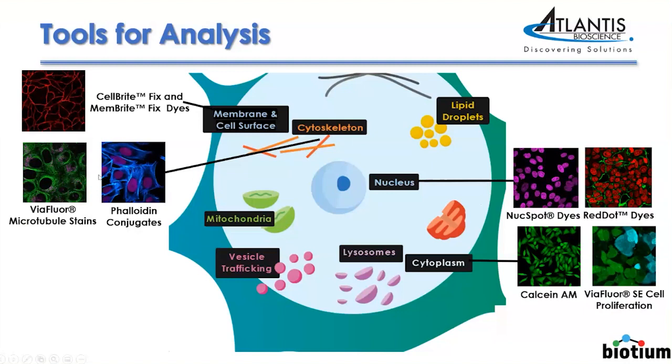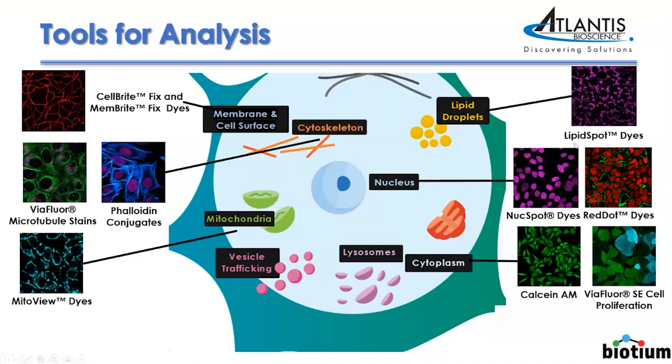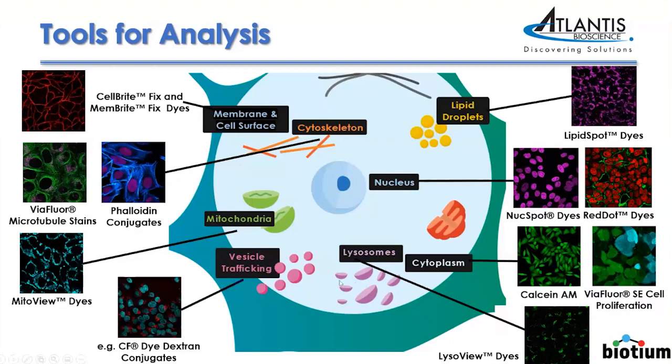We also have a range of dyes for the cytoskeleton, like phalloidin and microtubule stains, and dyes to stain mitochondria, with mitochondrial potential dependent or independent options for you to choose from. There are also stains for lipids, lysosomes, and vesicle trafficking.